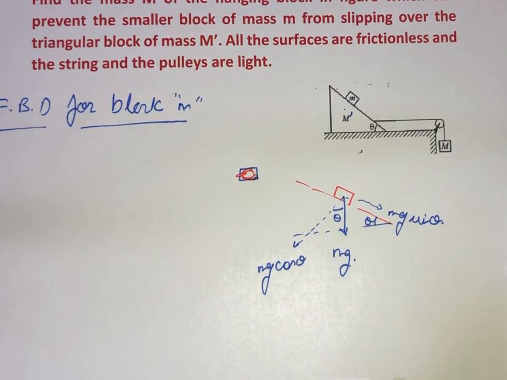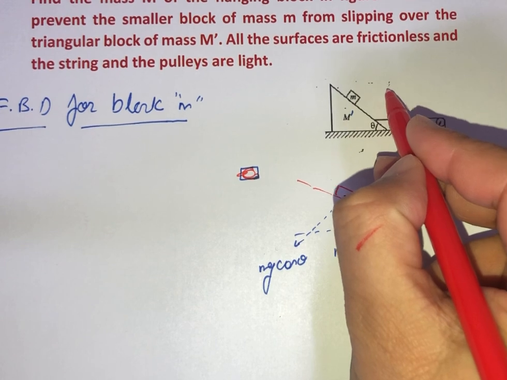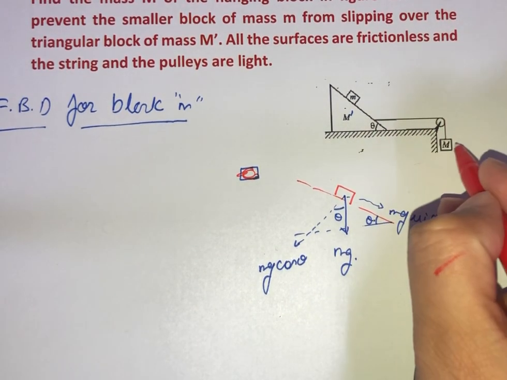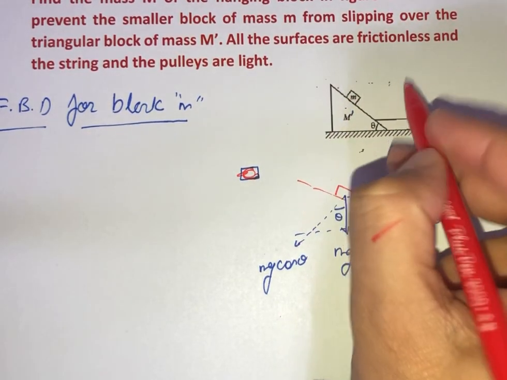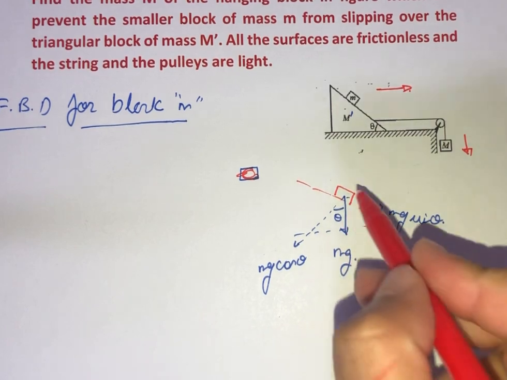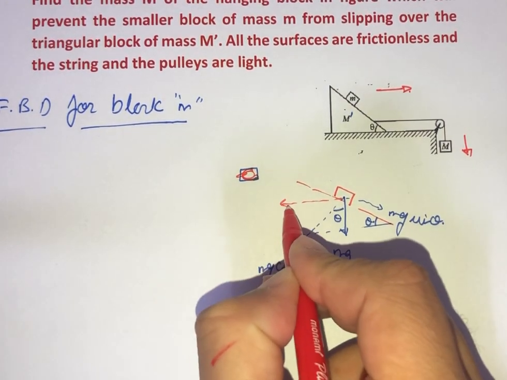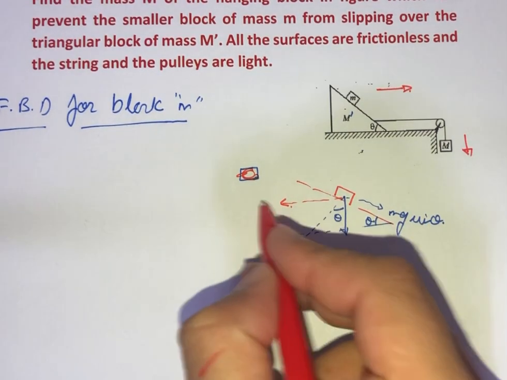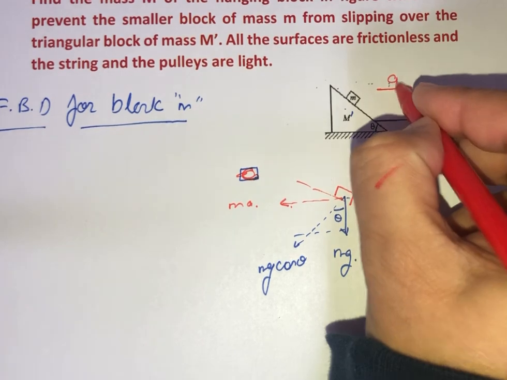and a pseudo force because of the movement. The entire system is moving, and this block m is moving in the downward direction, so this combined system will be moving toward the right. We can say that there will be a pseudo force acting, and its value will be equal to ma, where a is the acceleration.